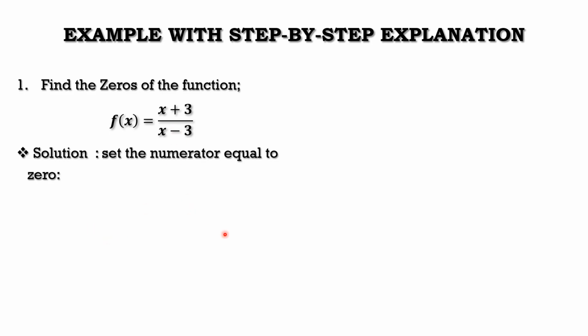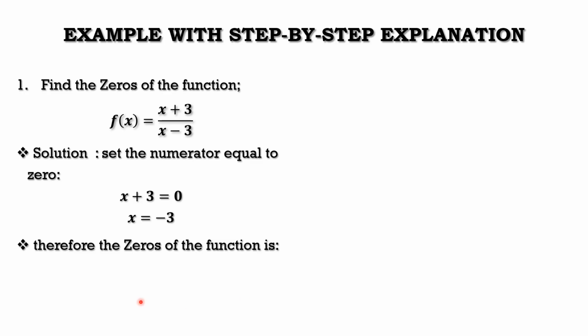Set the numerator equal to 0, and it will be x plus 3 equal to 0, which means x is equal to minus 3. It means that minus 3 is the only input which, when you substitute it into this function, will turn the function to 0. So therefore the zero of the function is x equal to minus 3.